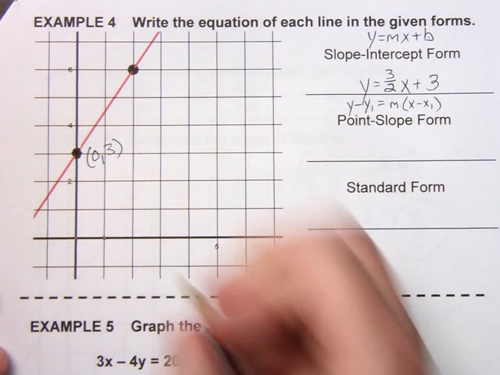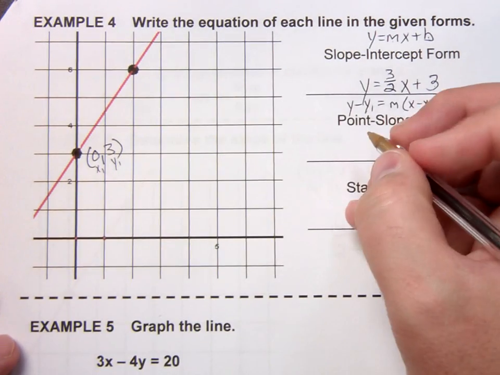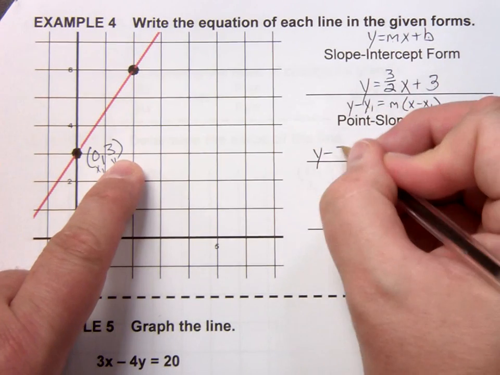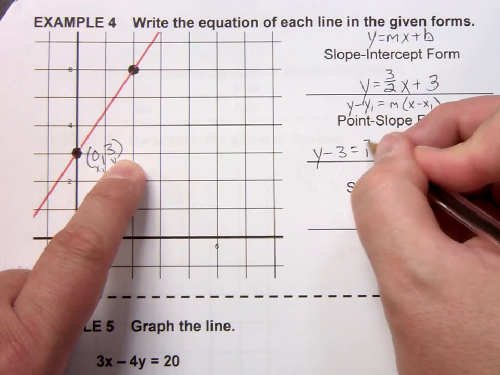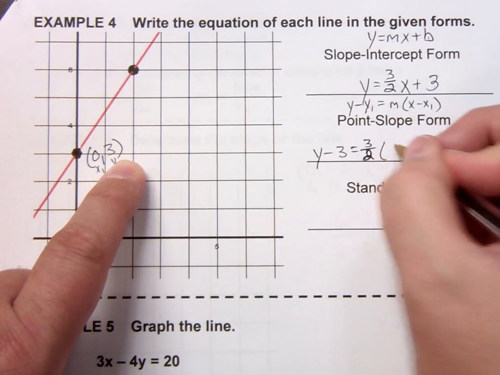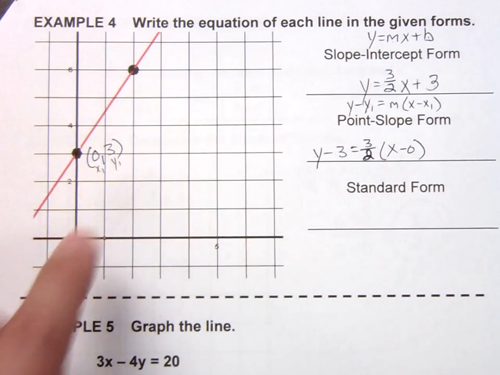So this would be your x1, y1. And I'm going to plug those in. So y1 is 3. And the slope we found earlier was 3 over 2. And then x1 is 0. So there's your equation in point-slope form if I use this point.